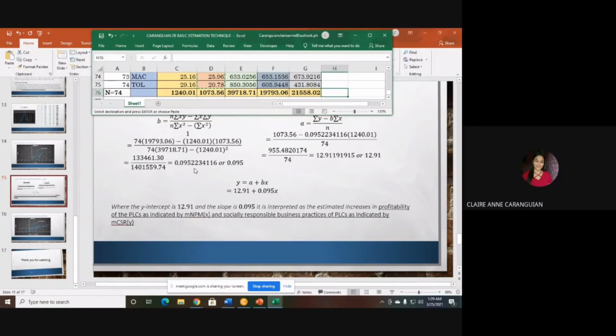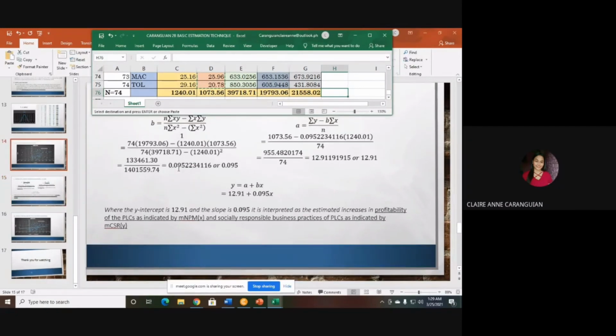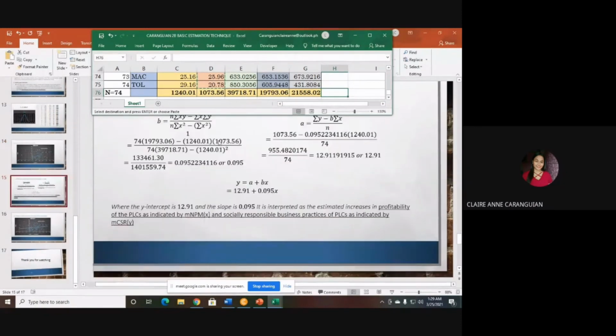So kailangan natin munang ilagay yung buong answer. So next is A. Nakuha na natin yung sagot sa B. So A naman. The formula of A is summation of y less b multiplied by summation of x all over the number of sample.